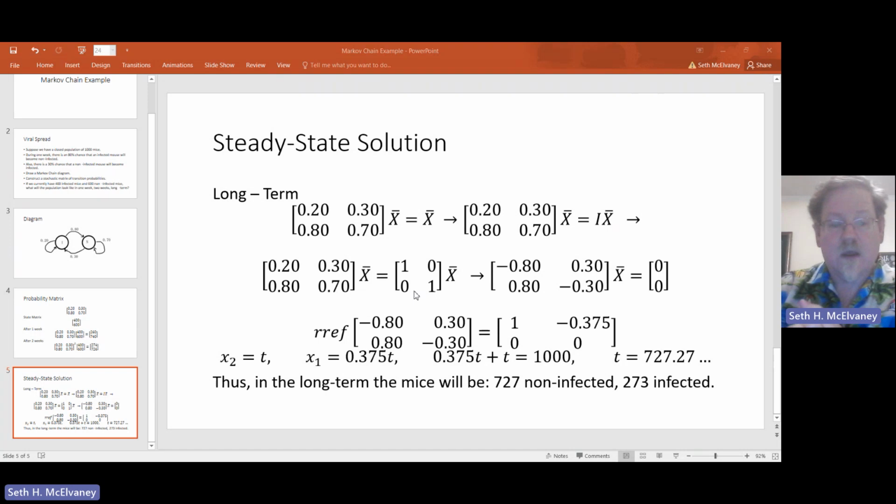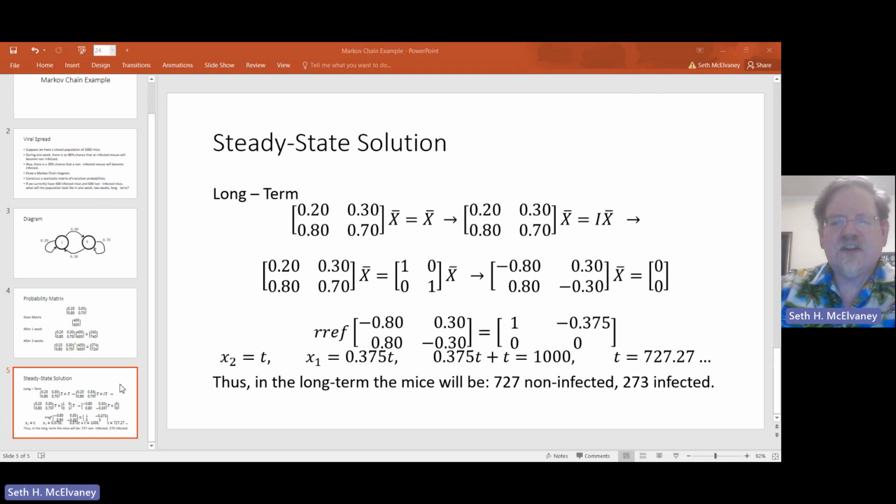Then 0.80 minus 0, 0.80, great. And then 0.7 minus 1, that's negative 0.30. Oh, okay, well, that looks rather interesting. It also looks like we've got a dependent system. That's typically going to happen here.